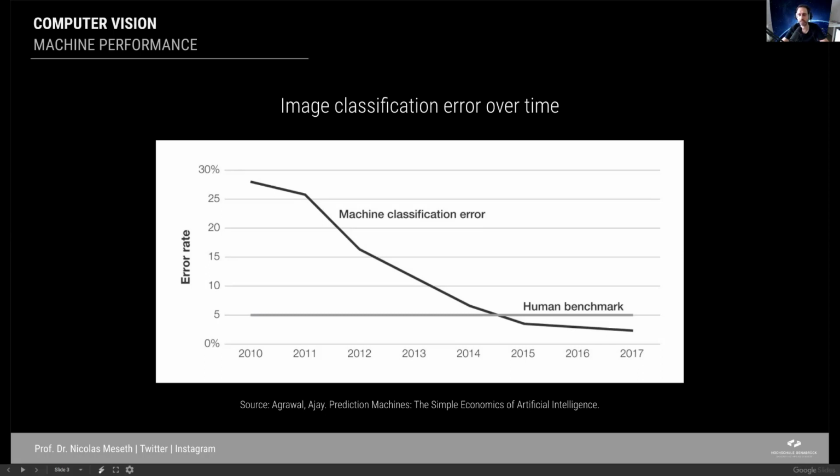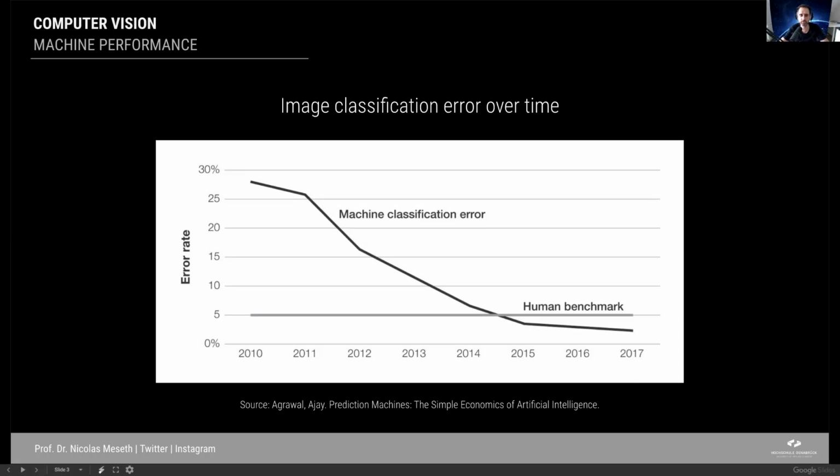If you look at the recent years, which is already quite old, I'm guessing we are already further below. But in 2017, it was already below 5% error rate. I think this is about 2.5, and in 2015 already we got below the 5% benchmark, which is the human benchmark.